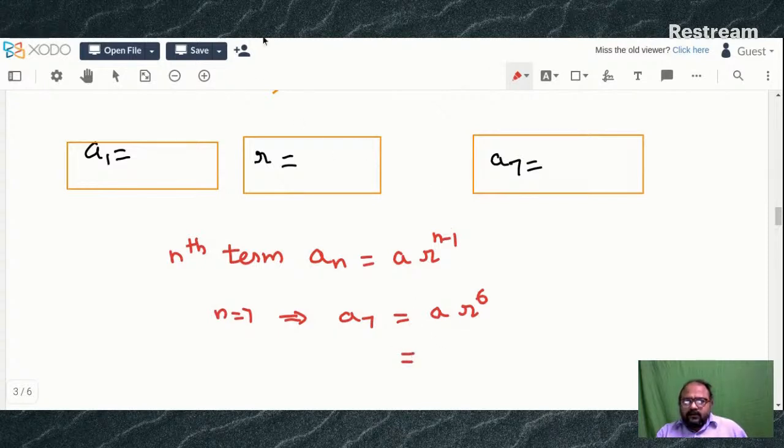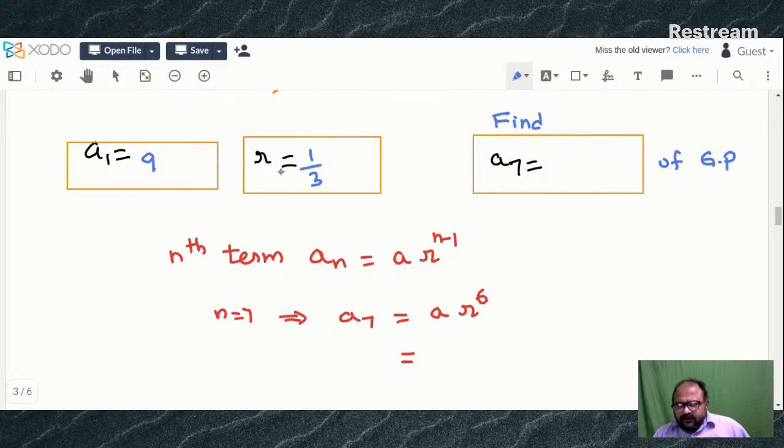Here the problem is A1 equal to 9, it is given, and R equal to 1 by 3. Find A7 of geometric progression.